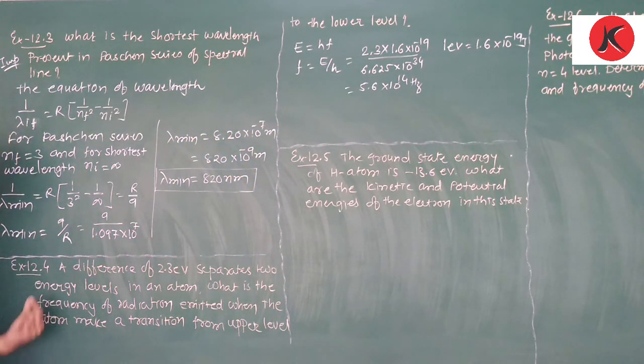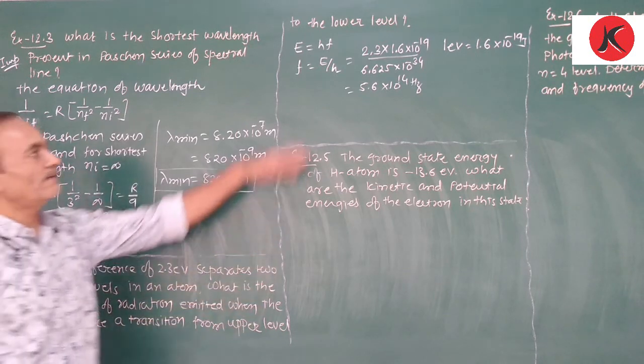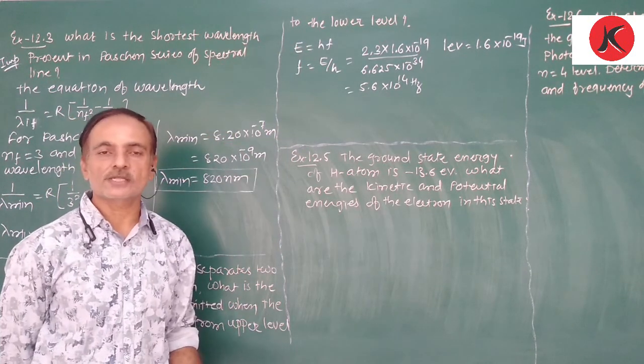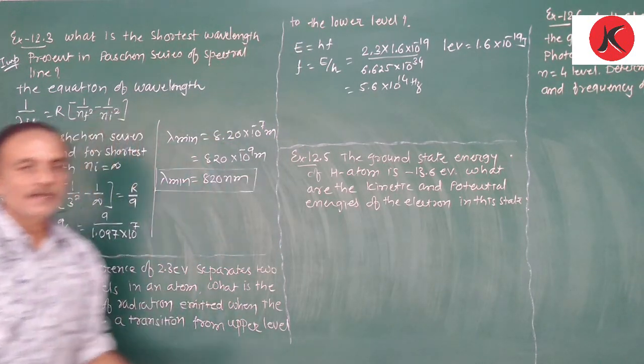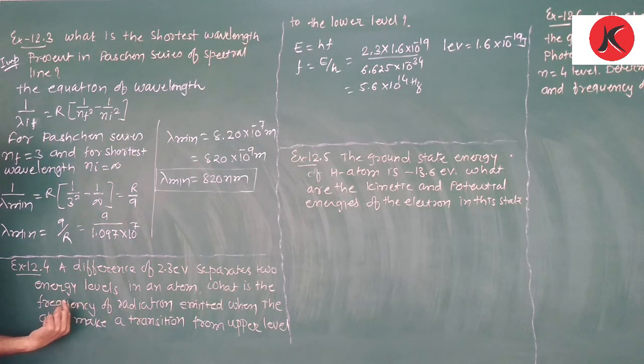Again, in the numerical of exercise 12.4, the energy difference between the two energy levels is given as 2.3 electron volt. When the electron makes the transition from the upper, higher energy level to the lower energy level, what is the frequency of radiation?